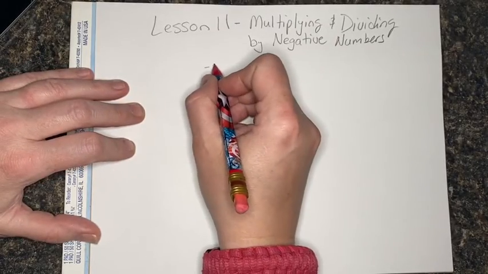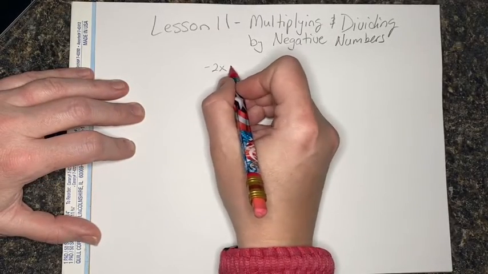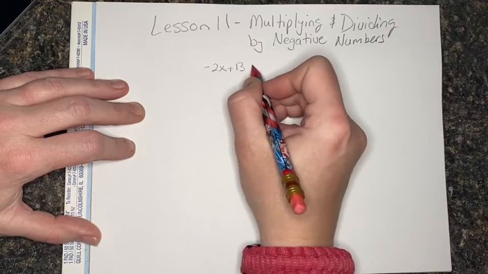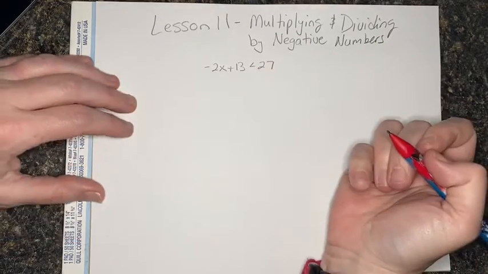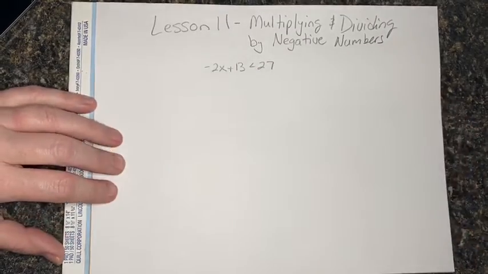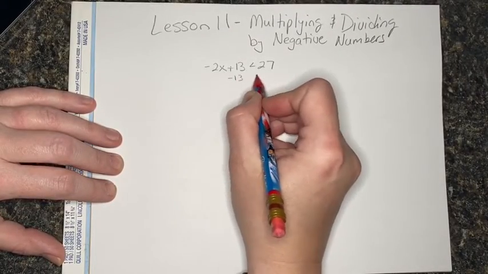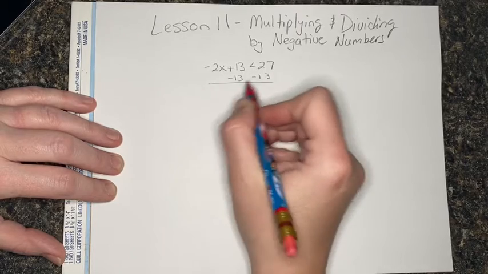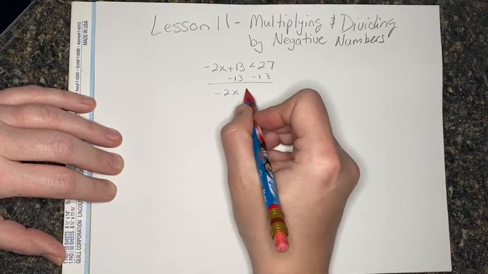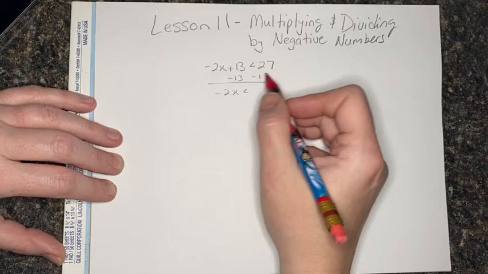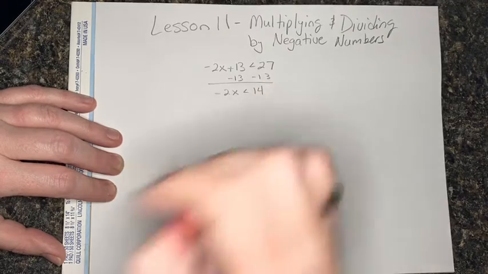If we have negative 2x plus 13 is less than 27, to solve this problem, we do it just like we would solve any other equation. First, we're going to subtract 13 from both sides. We're left with negative 2x being less than 14, okay?